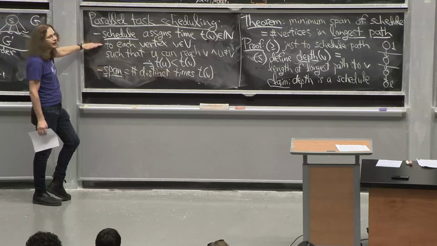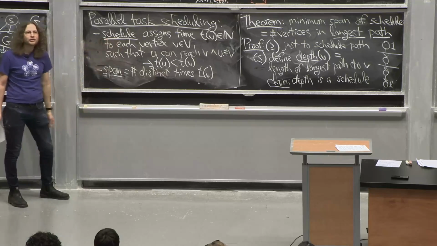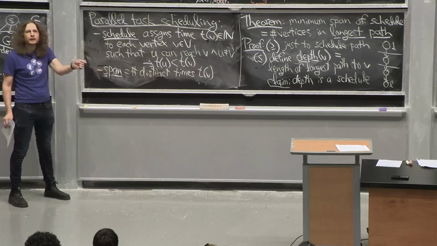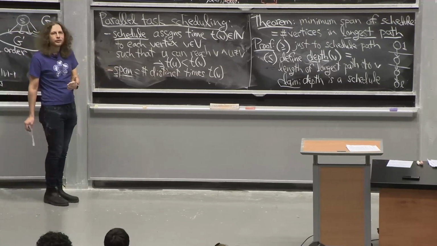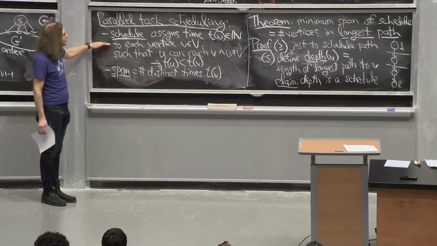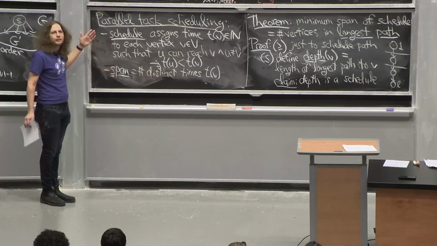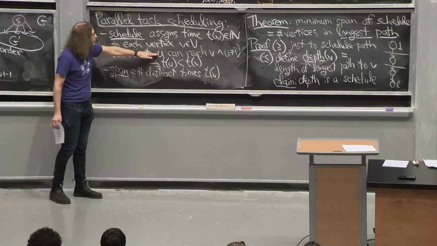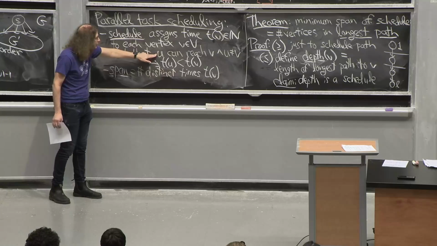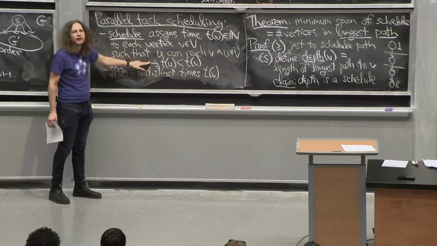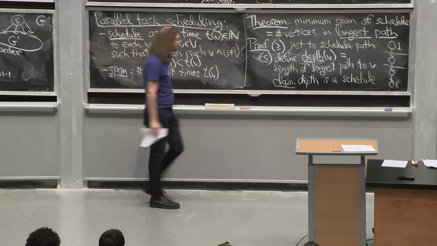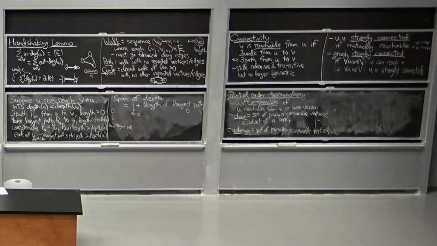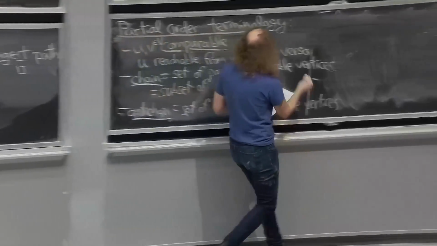All the things done at time 53 also have to be an antichain, because if there's any relation between them, if one of them had to precede another, if there was a path between two of the vertices done at time i, then that would be invalid. You're not allowed to do that. If u and v have a reachability relationship, they must be done at different times. Okay, so the things you do at a particular time form an antichain. And so by that exact theorem, we get this corollary.